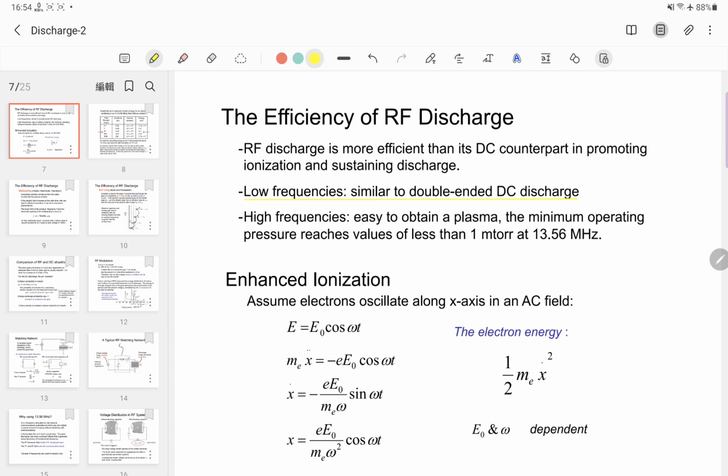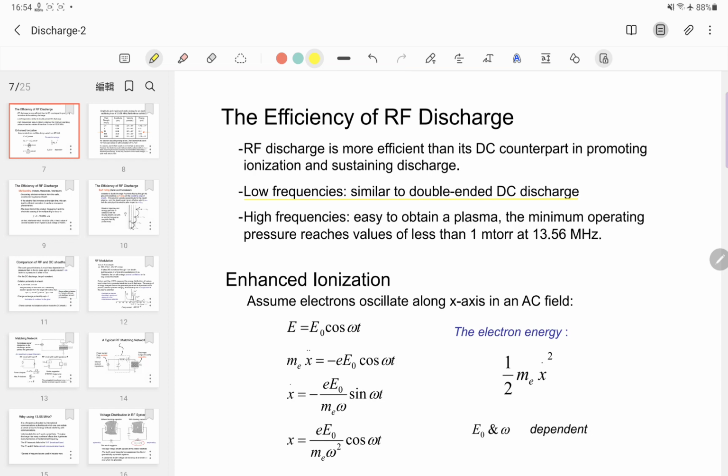Okay, so in an RF discharge system, they apply a voltage following the first equation, E equals E0 cosine omega t. And the electrical field can accelerate electrons in the direction opposite to the field.